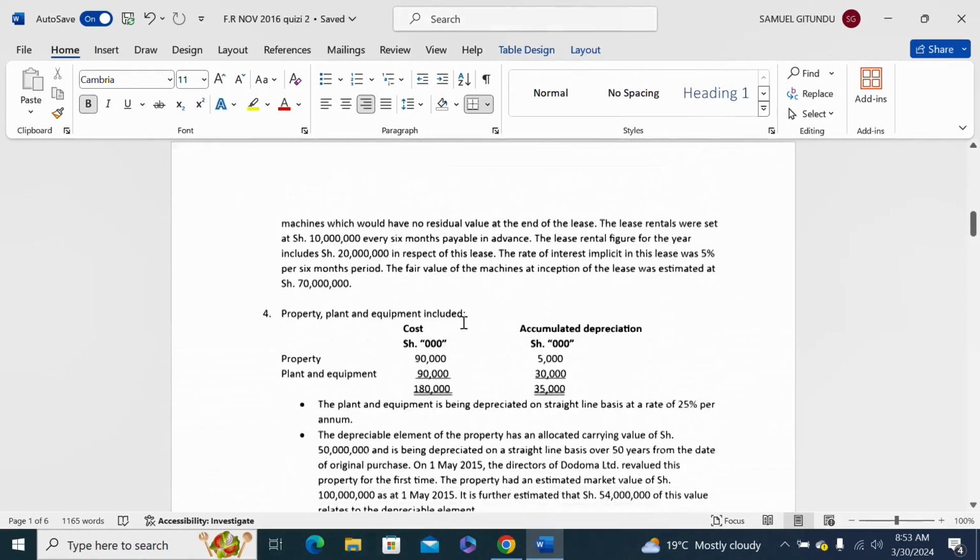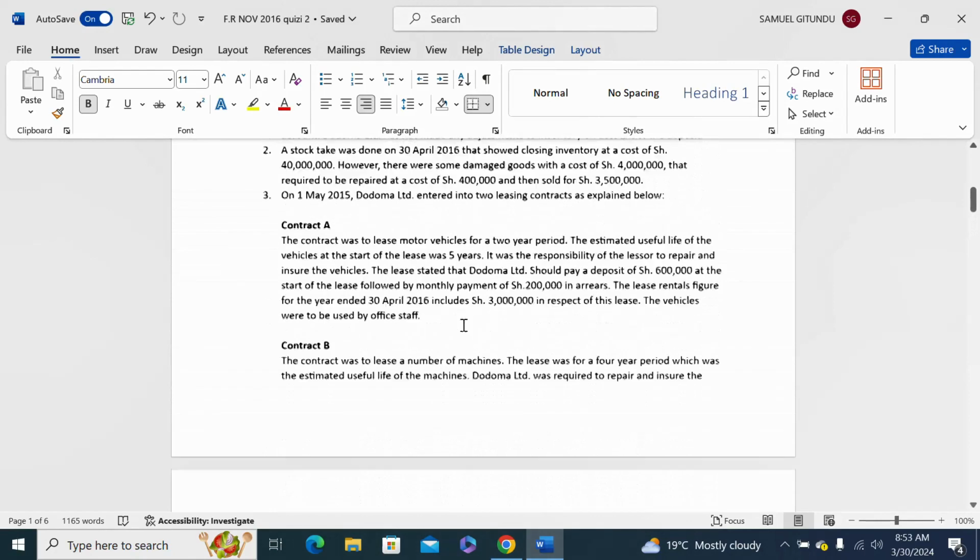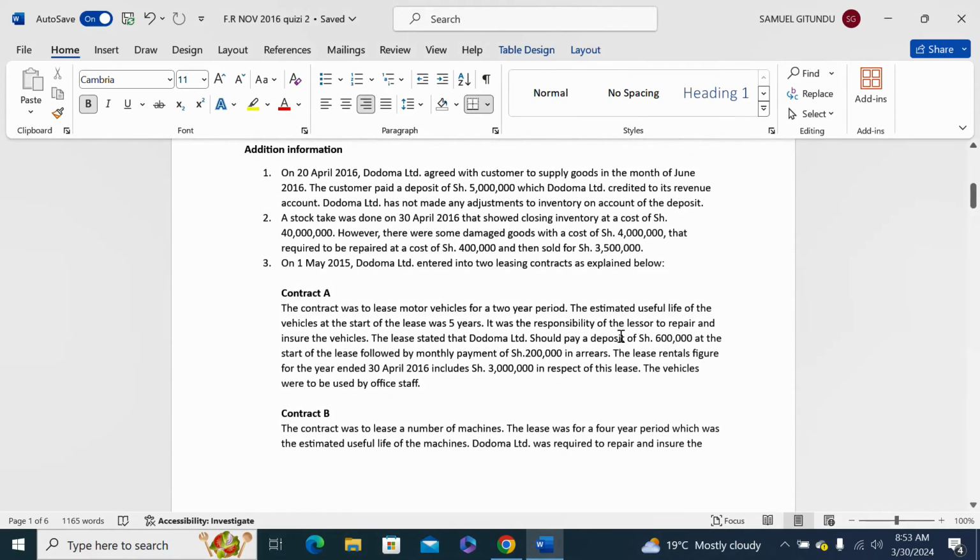Being an operating lease, it was the responsibility of the seller to repair and insure the vehicle. The lease stated that Dodoma Limited should pay a deposit of 600,000 at the start of the lease, followed by monthly payments of 200,000 in arrears.